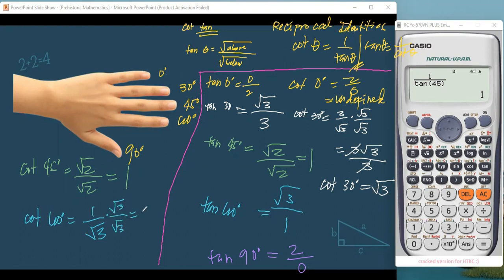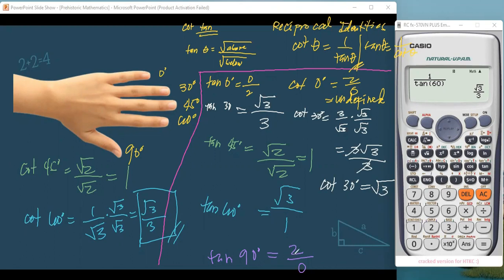So 1 times the square root of 3, that is square root of 3 over square root of 3 times the square root of 3, that is 3. So this will be our answer now. So calculate po natin. So cotangent 60, so that is 1 over tangent 60 must be equal to the square root of 3 over 3. So tama naman po.